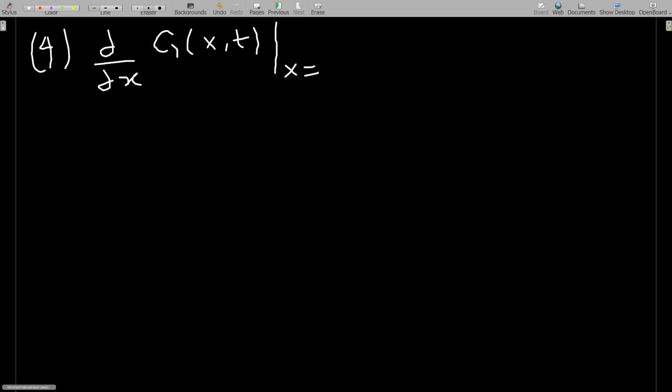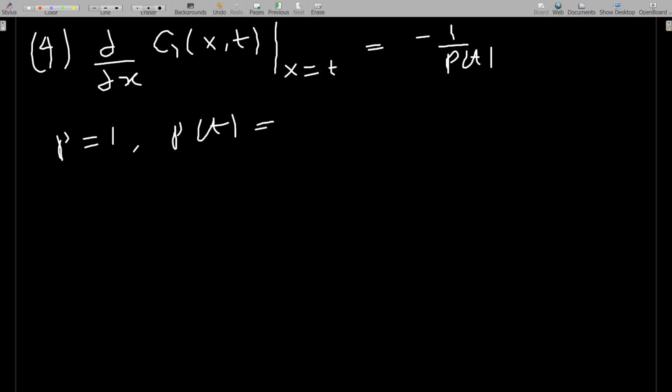So we go to the fourth point and say that with respect to a second order BVP, del x of g of x,t at x equals t should be equal to minus 1 over p of t. Now we said our p is equal to 1, so p of t is still a constant function.